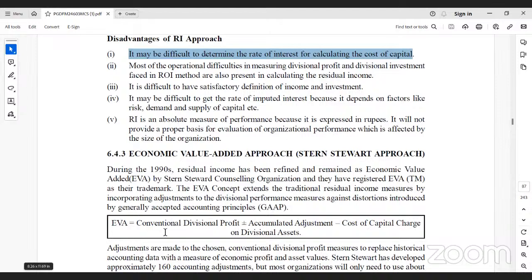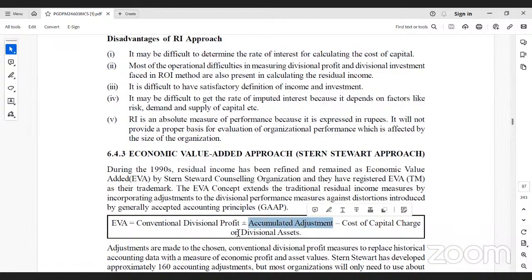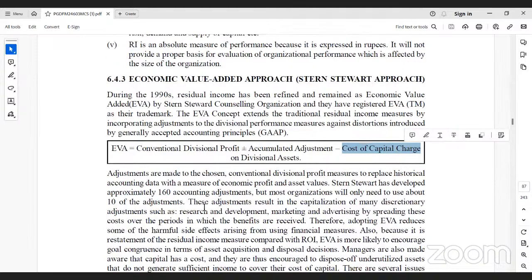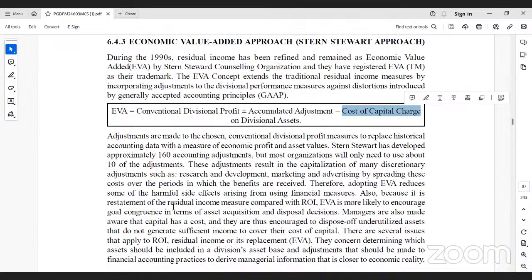So EVA is the conventional divisional profit, whatever the earlier profits were, plus accumulated adjustments, minus the average cost of capital charge on the division's assets. Adjustments may be chosen to replace the historical accounting data, whatever data is available in the firm.